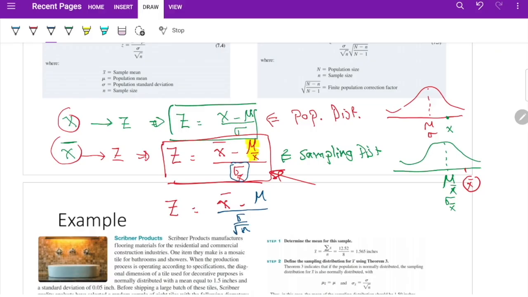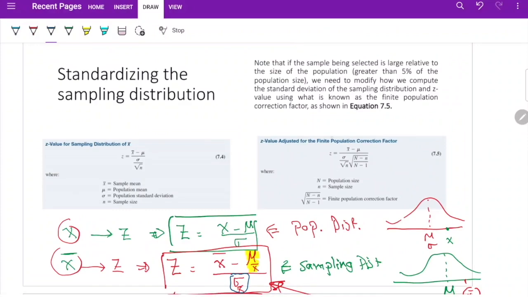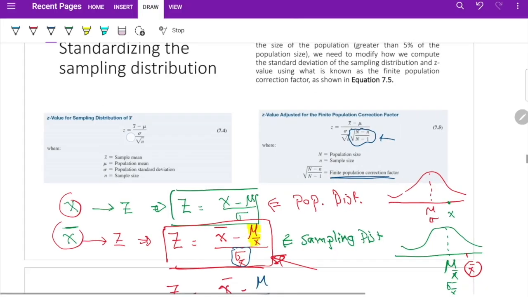The last point is that sometimes we need to adjust the z value if we have a finite population. There's a finite population correction factor. We just multiply by this correction factor. This occurs when you select a large sample relative to the size of the population. If the sample is greater than 5% of the population size, you have to multiply by the correction factor to get the z value.